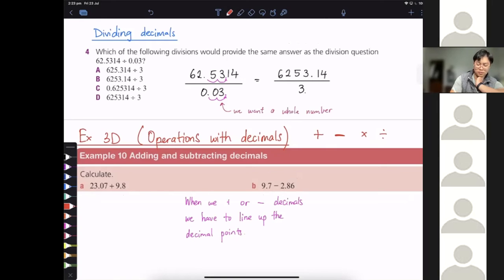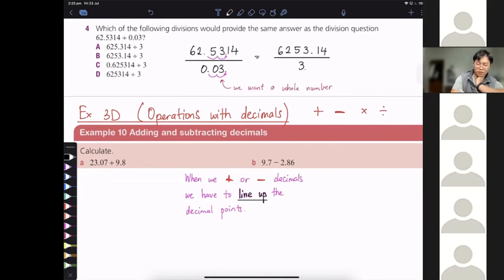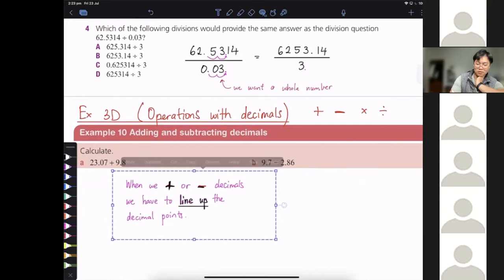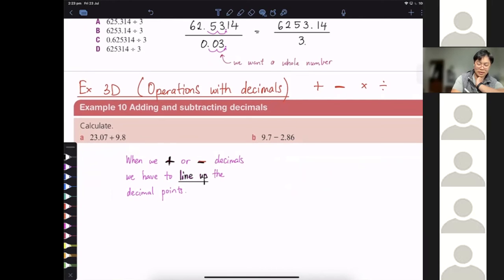Okay, so when we plus or when we minus, we need to line up the decimal points. That's only for plus and minus, okay? So that's our note there.